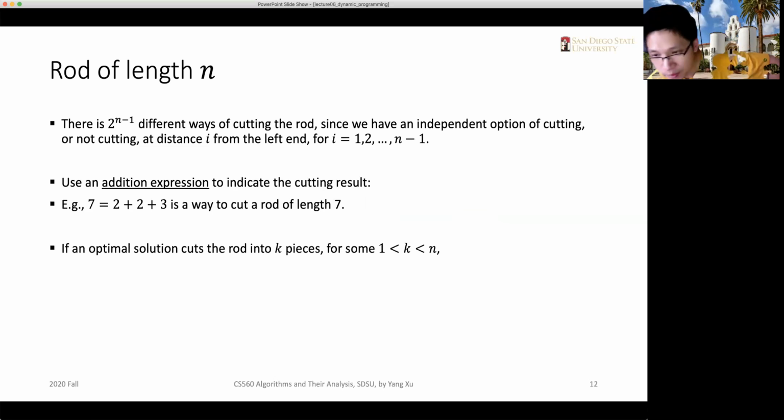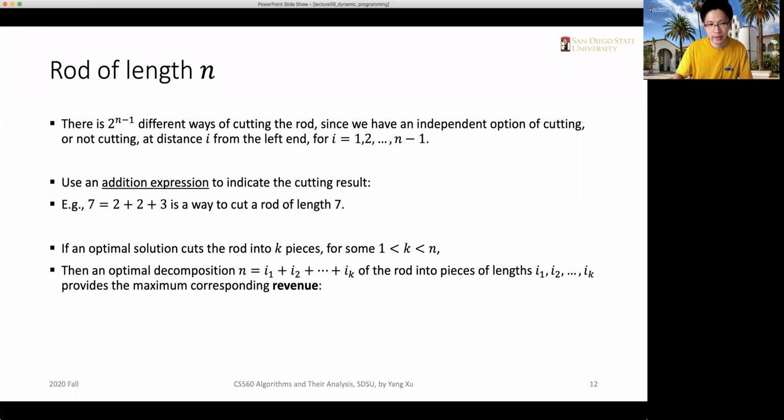If an optimal solution cuts the rod into k pieces, and this k must be between 1 and n, an optimal decomposition of the rod into that many lengths, say we have k of such integer numbers from i1, i2, to ik, we have this way of decomposition, right?